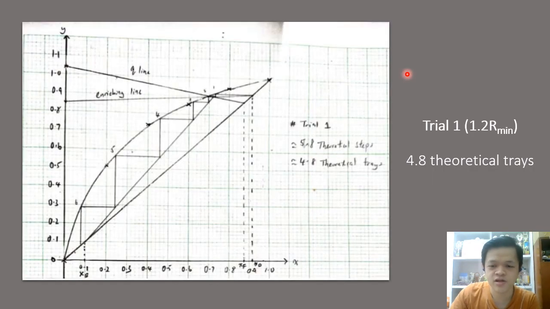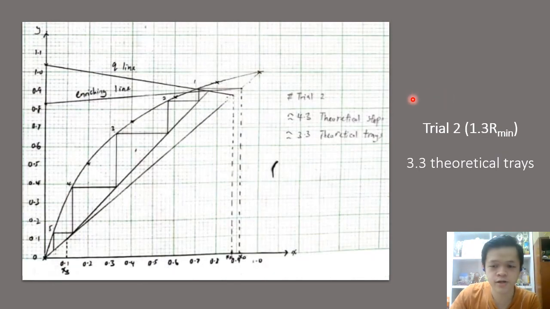After that, we need to determine the number of theoretical trays in the system. We did 4 trials, from 1.2 times the minimum reflux ratio to 1.5 times. For trial 1, we used 1.2 R minimum, and we got 4.8 theoretical trays from the graph.